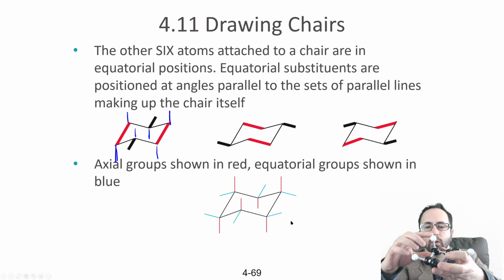Here. Here. So you can see how they switch places. So now these two are axial, and now when we do a chair flip, they move to the equatorial positions, and the other ones move to the axial positions.